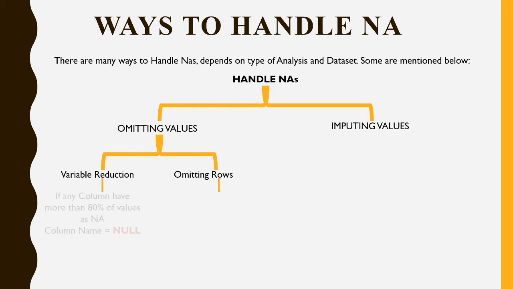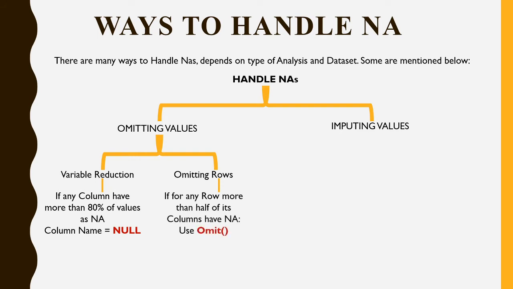Now, what does variable reduction mean? If any column has more than 80% of its values as NA, in a single column only, at that point of time we will not be removing the rows, we will be removing that particular column. And in RStudio, for removing a particular column, you write the dataset name, put a $ sign, then the column name and equals NULL. That column will be removed.